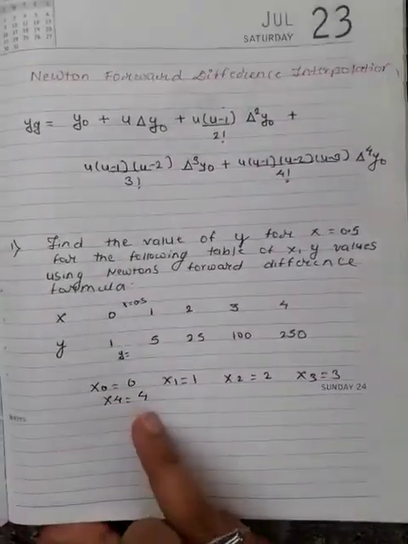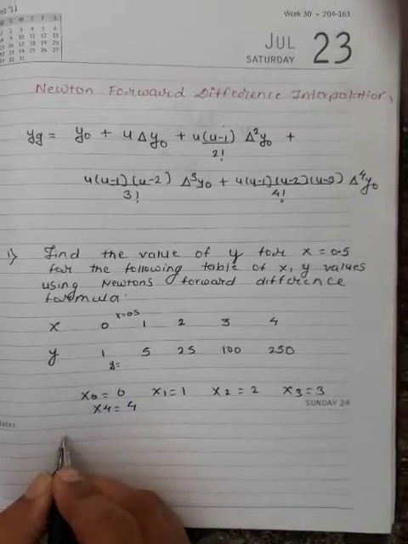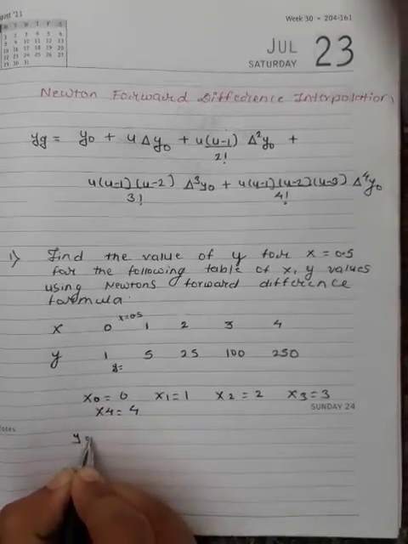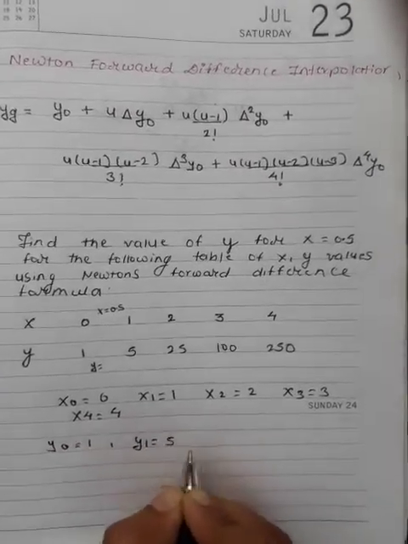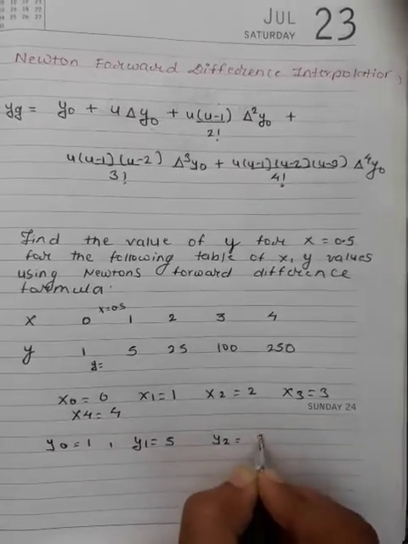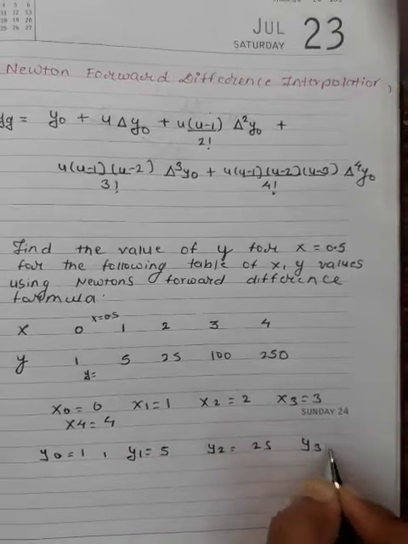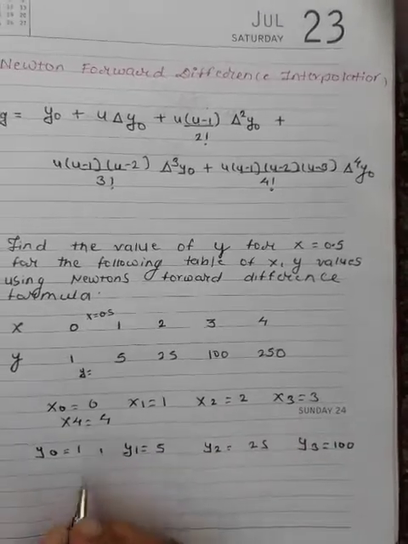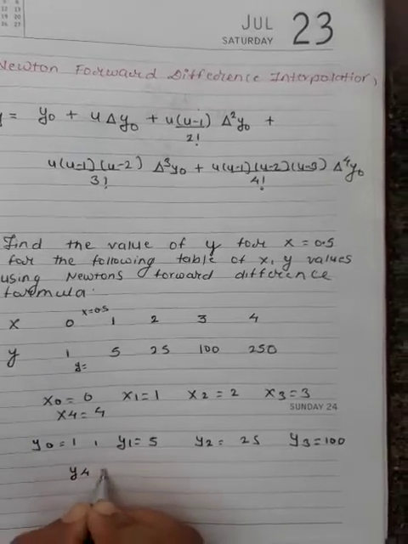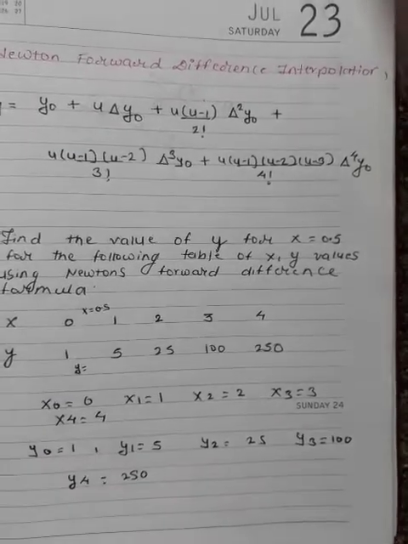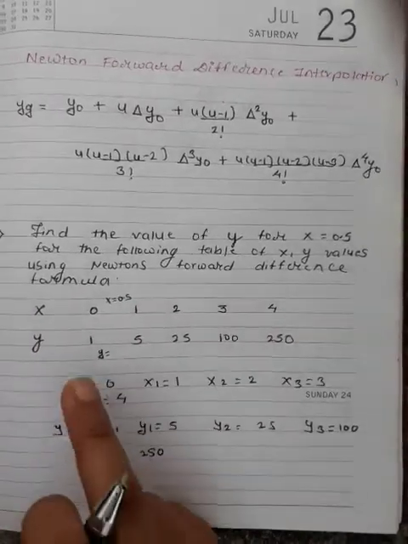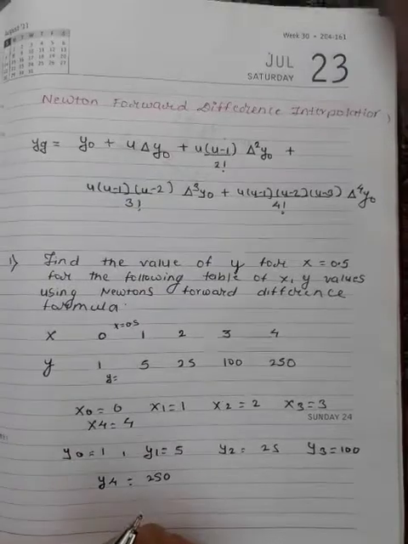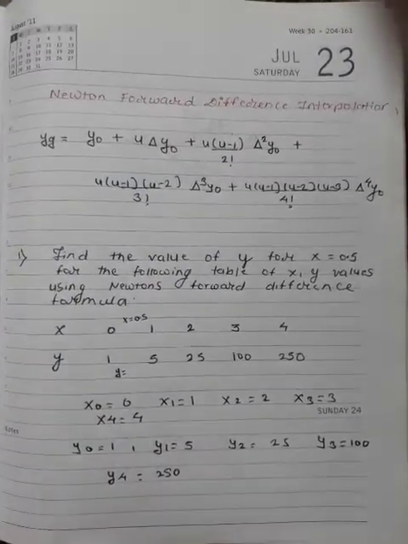Then the corresponding values of y are y0 is equal to 1, y1 is equal to 5, y2 is equal to 25, y3 is equal to 100 and y4 is equal to 250. So first of all, I have written the given data from the table for x and y.